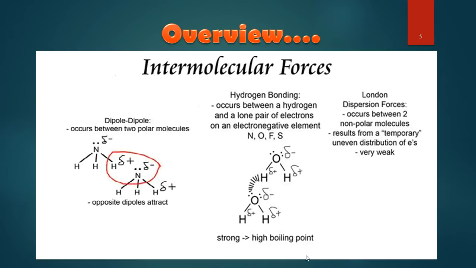It forms a hydrogen bond, which is extremely strong, slightly stronger compared to the other intermolecular forces because the degree of polarity is higher. These are the three types that usually exist in liquids.